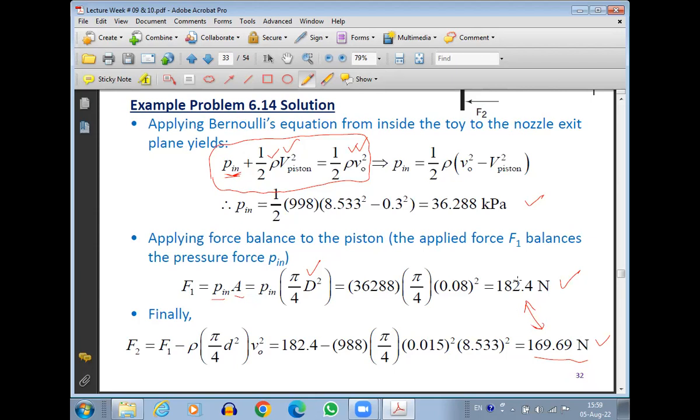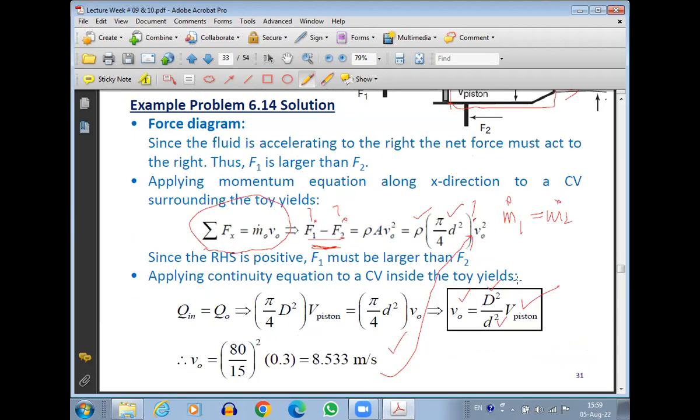The pushing of the toy is countered by the other force, but the forcing of the fluid to go out of the nozzle is actually used to push the fluid out of the nozzle. So F1 must be greater than F2. So this is the solution of this problem.